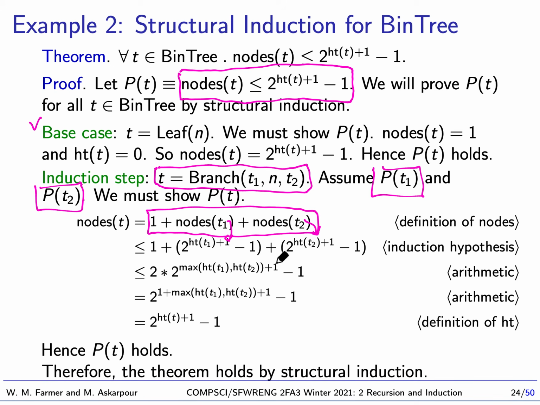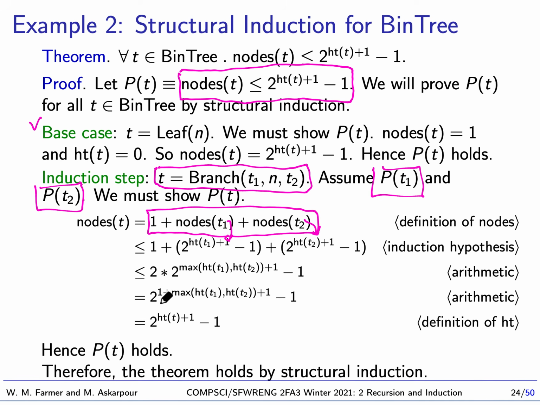We have these two amounts here, and this will be less than or equal to, if we take these two amounts and replace the height of t1 and height of t2 by the maximum height of t1 and t2, which possibly makes it bigger, and we have two of them, so we have 2 times that, and then we have 1 here and 2 minus 1 and minus 1, which would be minus 1.